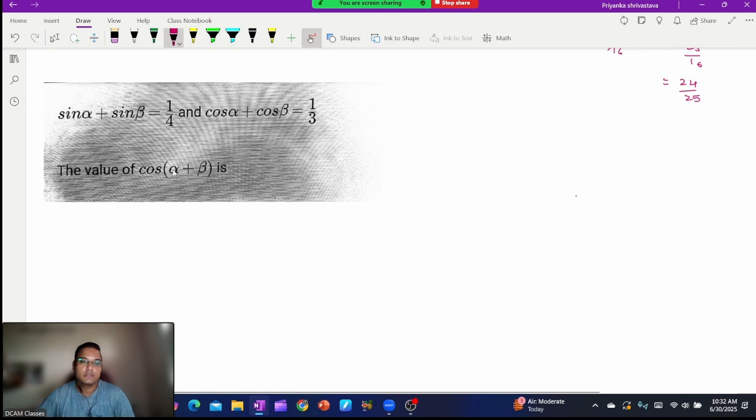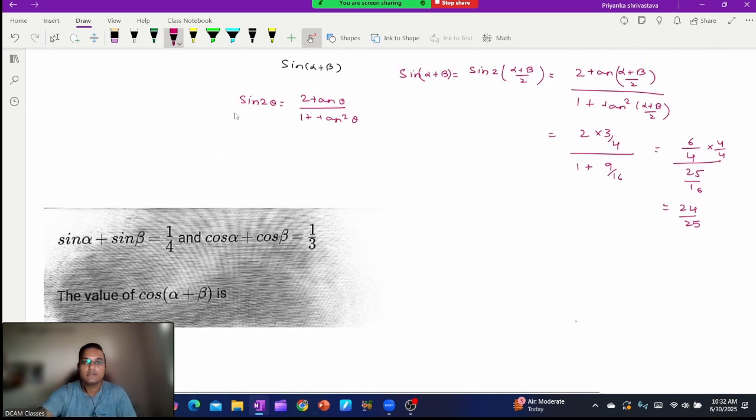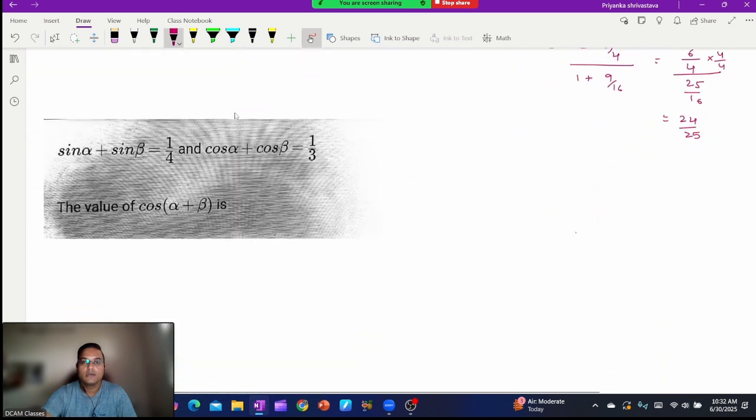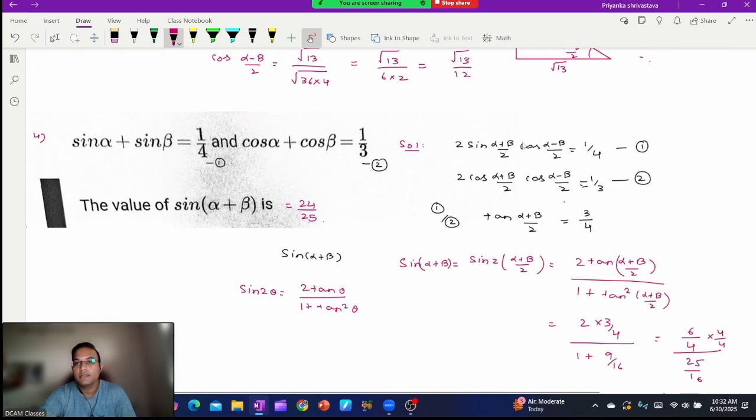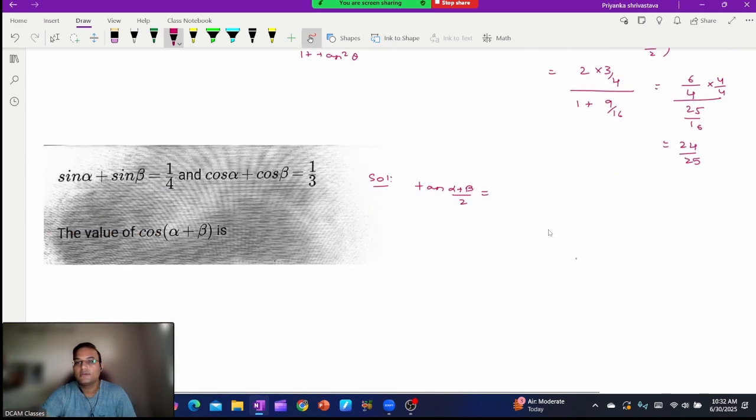Now this is the next question. The value of cos, of the same question. They have asked you the value of cos of alpha plus beta. So here, from the above question, we can find out tan of (alpha plus beta)/2. We have found it by dividing. In similar steps, 1 by 2, tan of (alpha plus beta)/2 is equal to 3 by 4 we'll get. To find cos of alpha plus beta, we know the formula cos 2 theta is equal to 1 minus tan square theta by 1 plus tan square theta, and I'll be using that formula here.